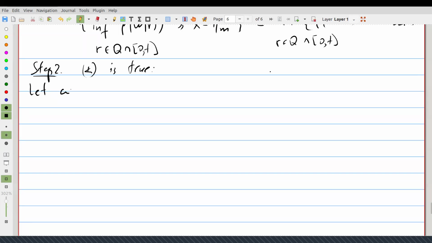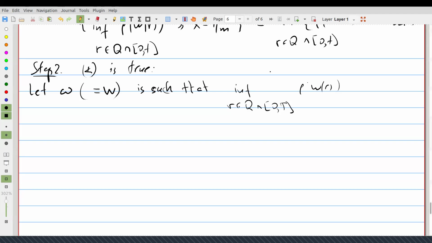Let W, we can take that W is effectively just our trajectory, because we can switch to this canonical model of a Brownian motion, such that this infimum is 0.